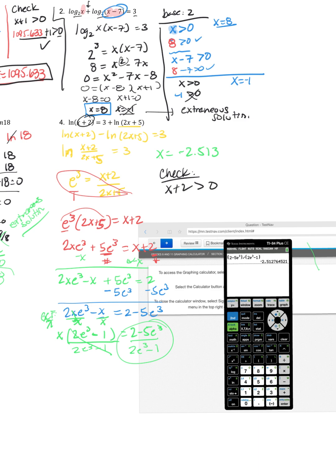Well, my x is negative 2.513. If I add that to 2, does my answer become greater than 0? Well, when I add these two, it is actually not a positive number, but a negative number. Negative 0.513 to be exact. Is that greater than 0? No. So this doesn't work. So therefore, this answer is no solution.